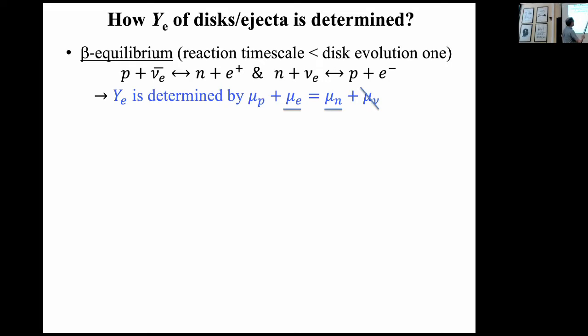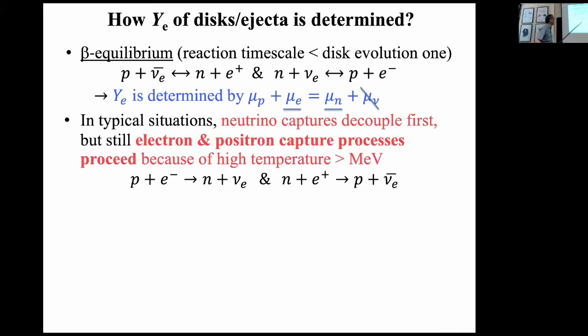So at high temperature, neutron richness is achieved. The reason why a neutron star is neutron rich is that the density is very high and the chemical potential of the electron is very high, so the neutron chemical potential should be comparable to the electron chemical potential. This is why at high density the neutron richness is high and Y_e is low.